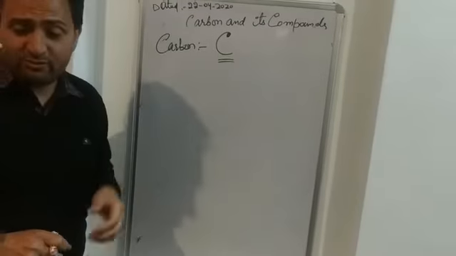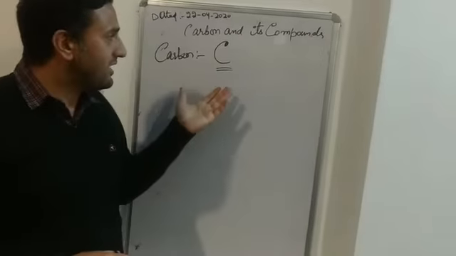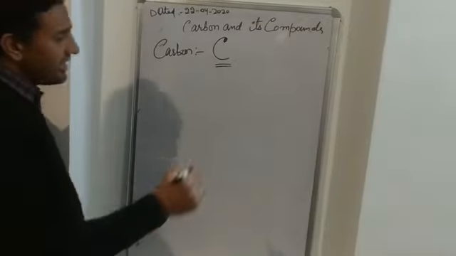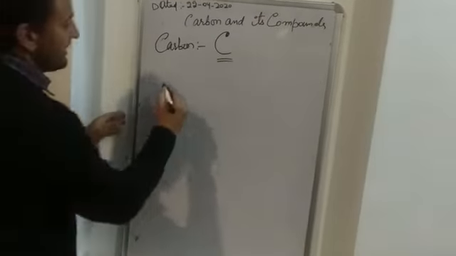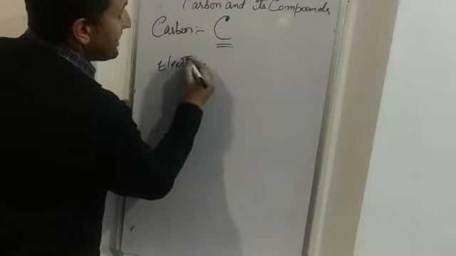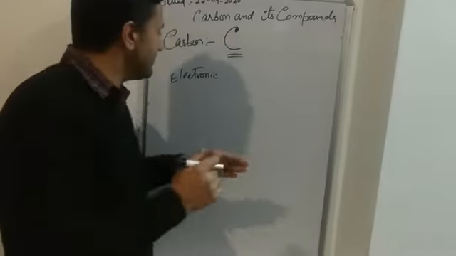Have you read about the electronic configuration of carbon? If yes, I will still give you a very brief introduction. Electronic configuration means how the electrons are arranged in the carbon element.